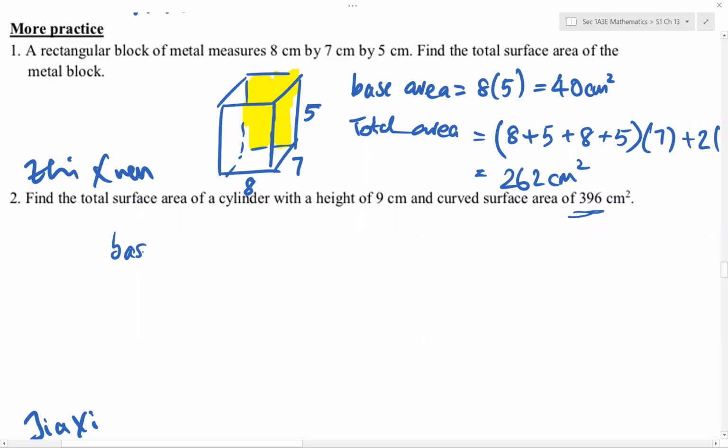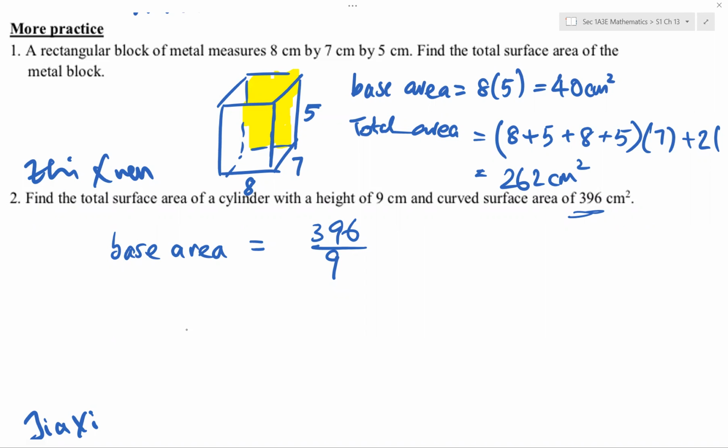Okay, base area. 396 divided by 9. Why? Okay, no. My question is, why is the base area 396 divided by 9? Why? Okay, but why will base area be 396 divided by 9?